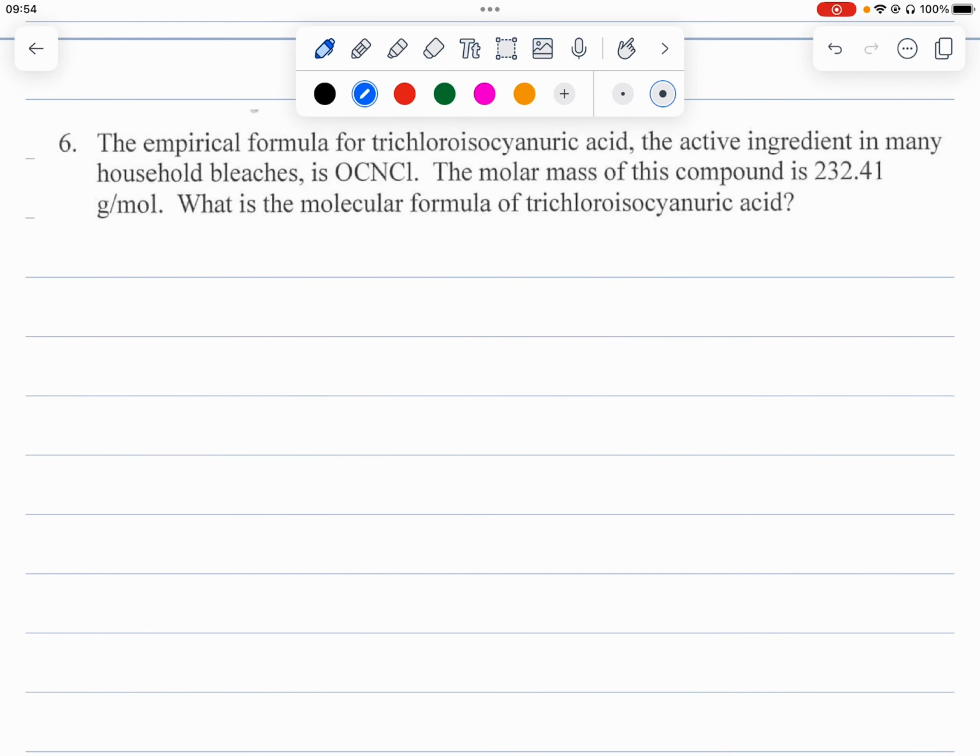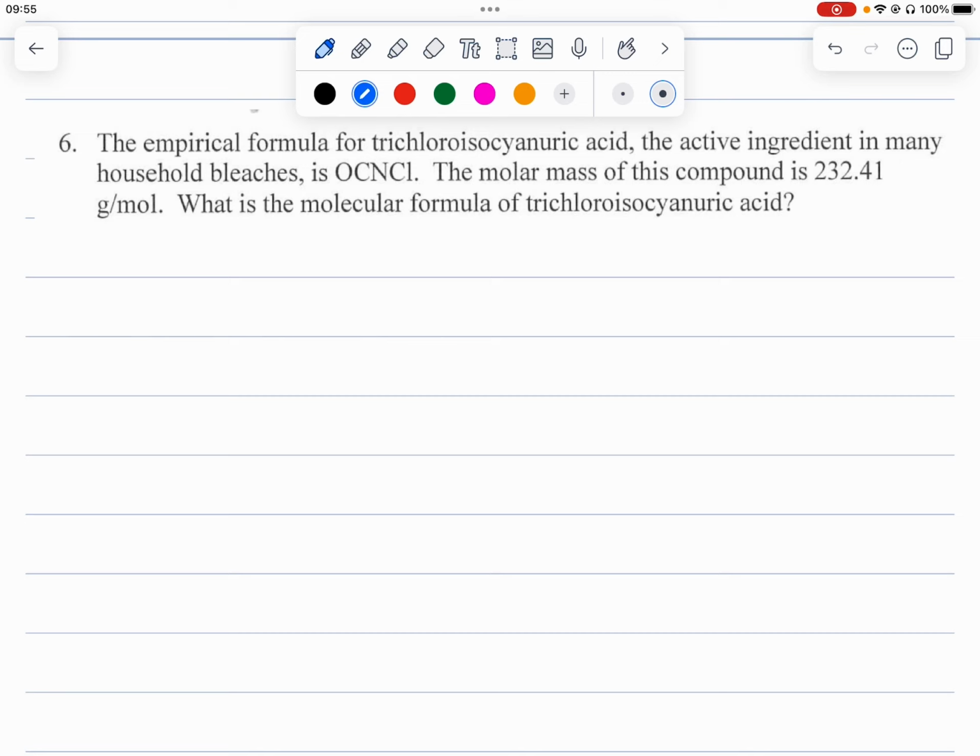Question number 6. For question number 6, the empirical formula of trichloroisocyanuric acid, an active ingredient in many household bleaches, is this one. The molar mass is 232.41.